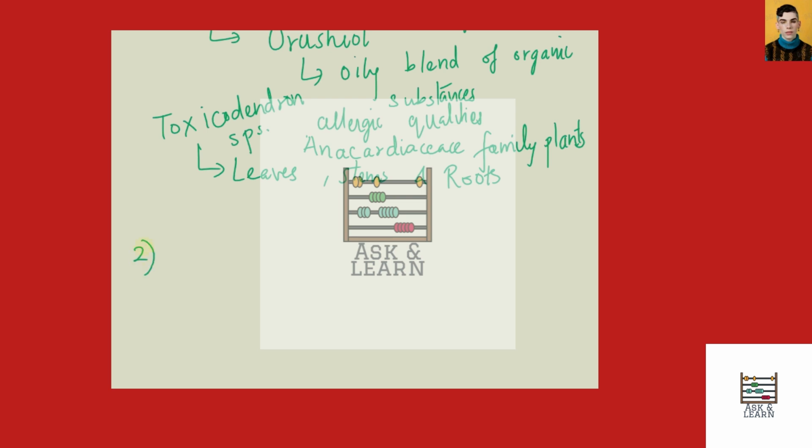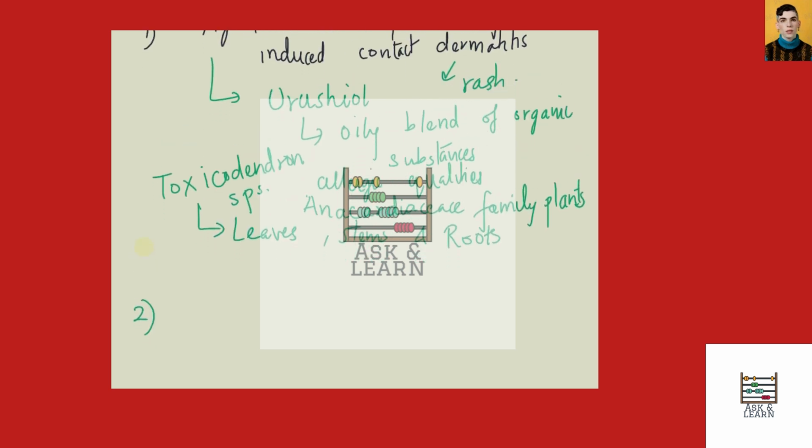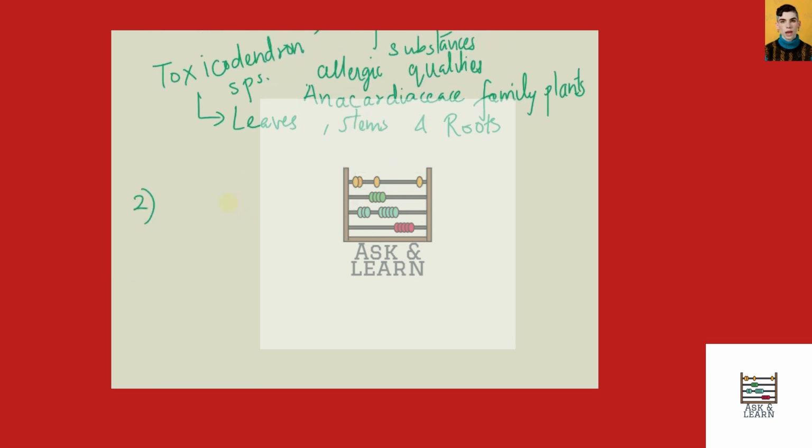And the second part of the question is about the causes of these rashes and blistering skin lesions. In this case, what could be the causes? Here we can say the T cell mediated immune response, which we know is also known as delayed hypersensitivity or type 4 hypersensitivity.